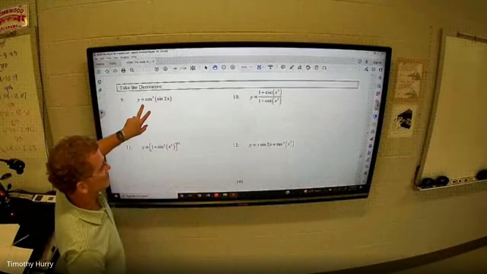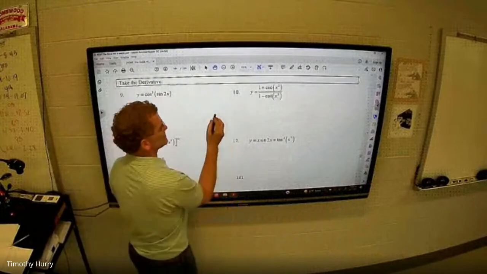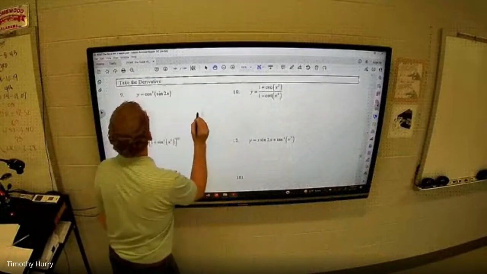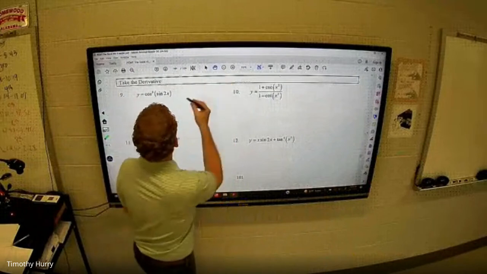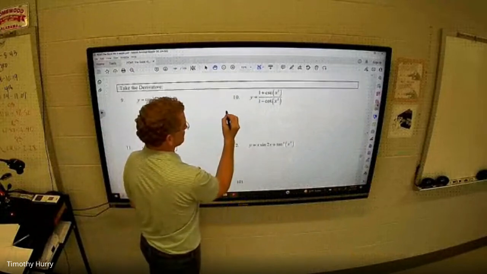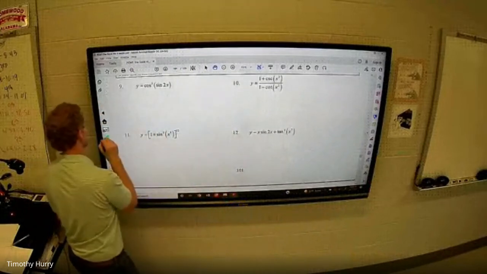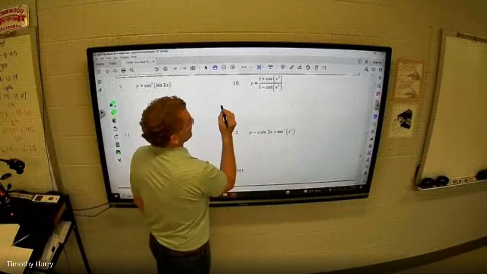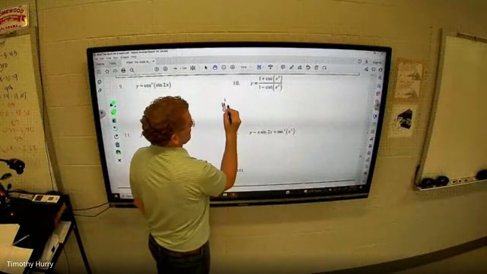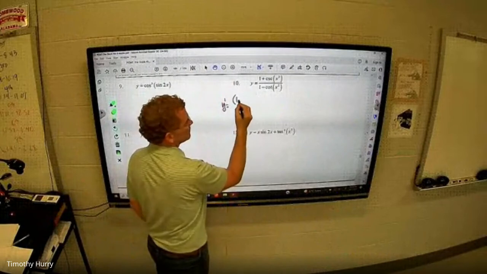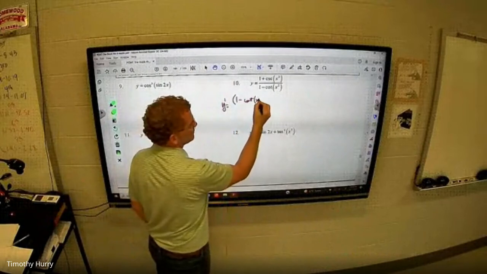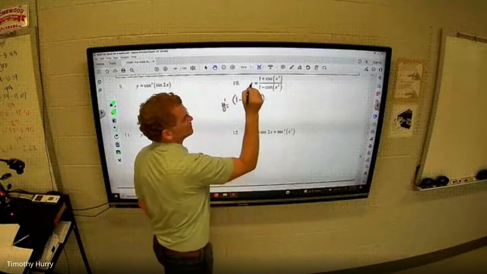So number 10, I'm going to give myself some space. I need it. Just say this took me a little space. So I'm going to go y prime. Y prime. So low times the derivative of the high.